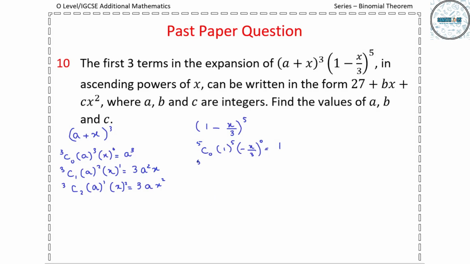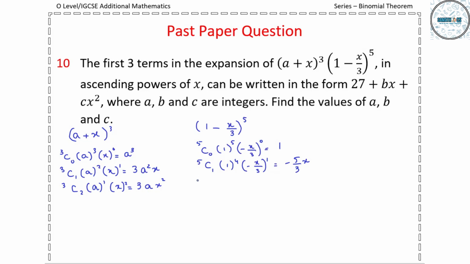Then 5C1 into 1 power 4, (-x/3) with power 1, which is equal to: 5C1 is 5, 1 power 4 is 1, (-x/3) with power 1 is -x/3. So it will be -5/3 x.